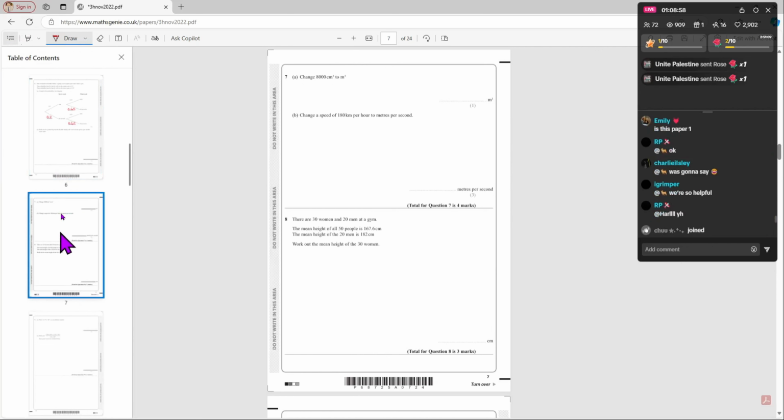This is paper-free calculator, so you can use a calculator. So, change 8,000 centimeter cubed to meter cubed.